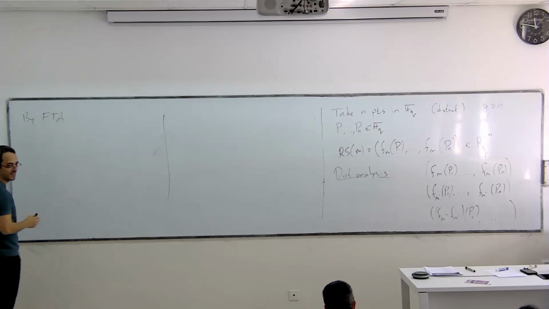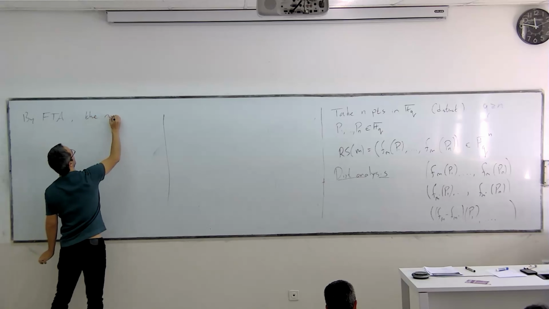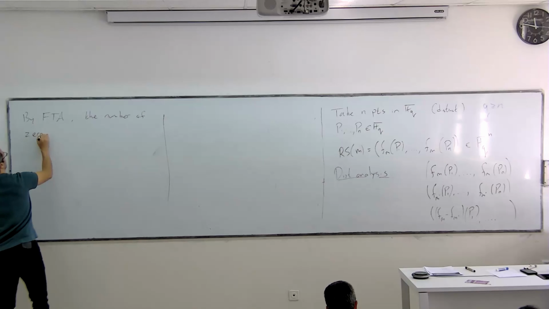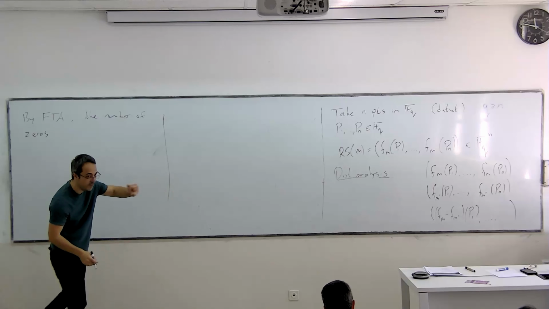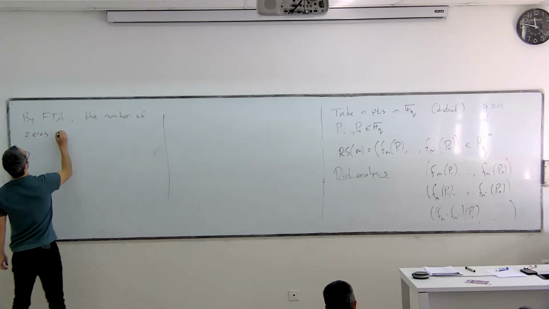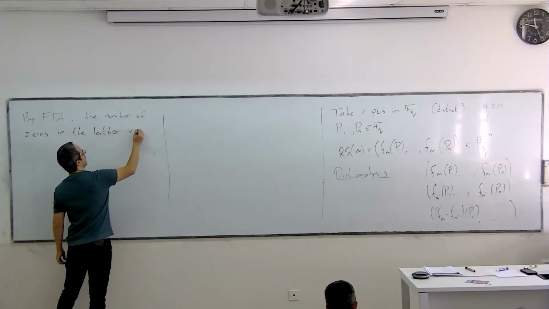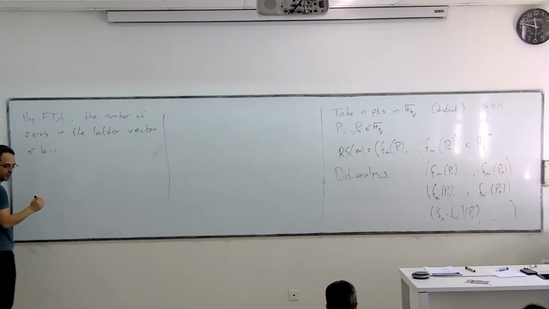not sure they call it that, the number of zeros in the difference vector, which is the number of agreements between the two codewords, is at most k-1, that's the degree of the polynomial.